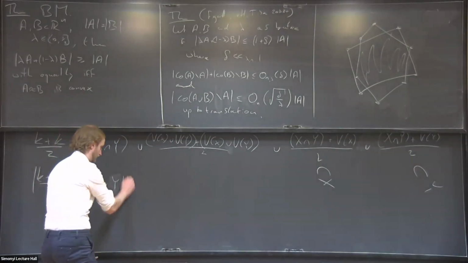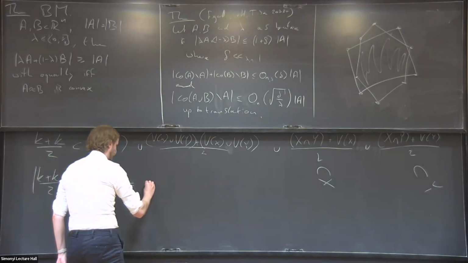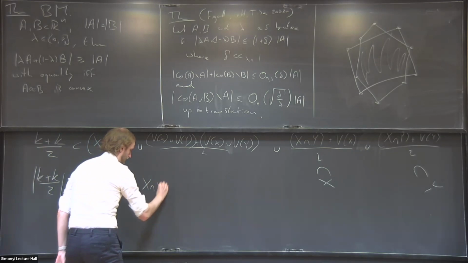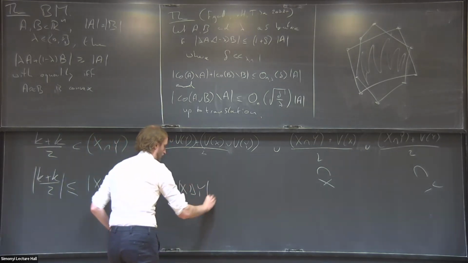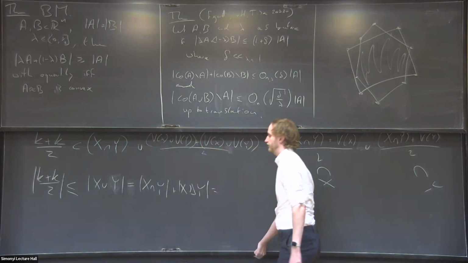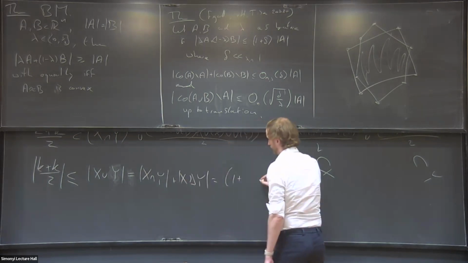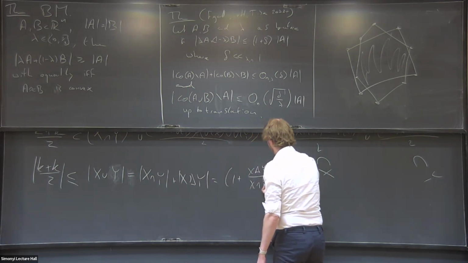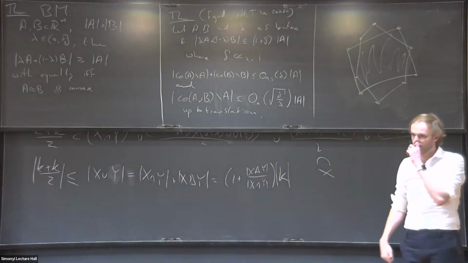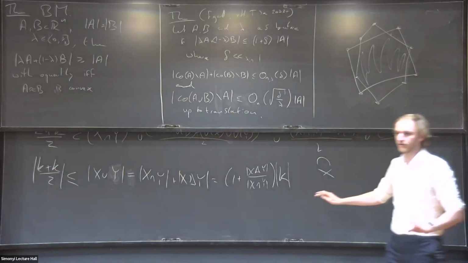So this is just the size of the intersection plus the size of the symmetric difference, which if I want to normalize it to k, is 1 plus the size of the symmetric difference divided by the size of the intersection, times the size of k. Okay, nothing fancy going on.